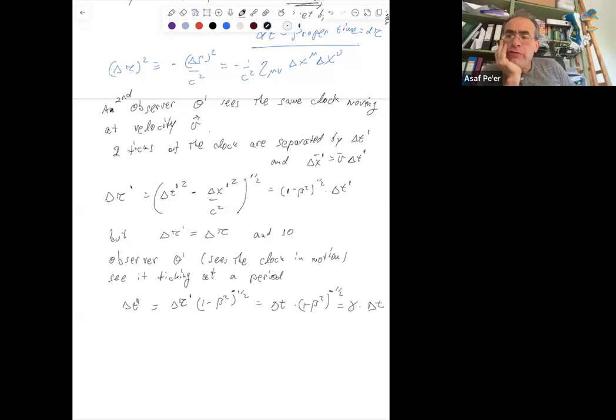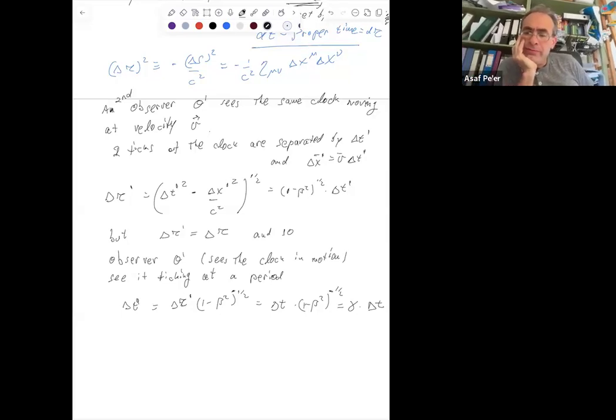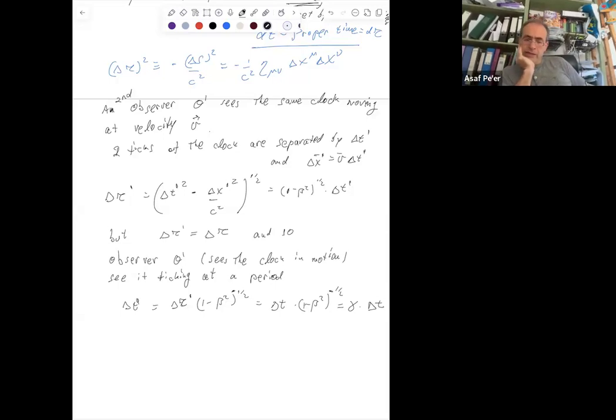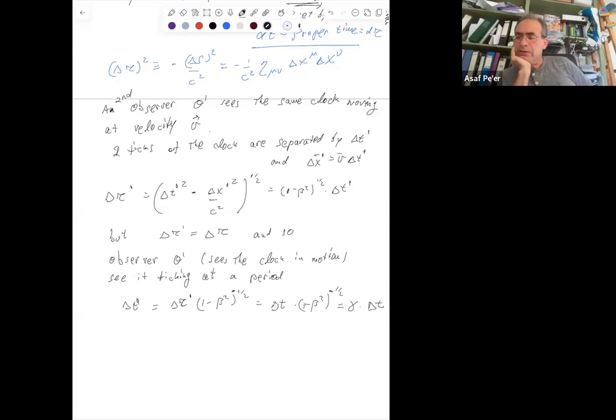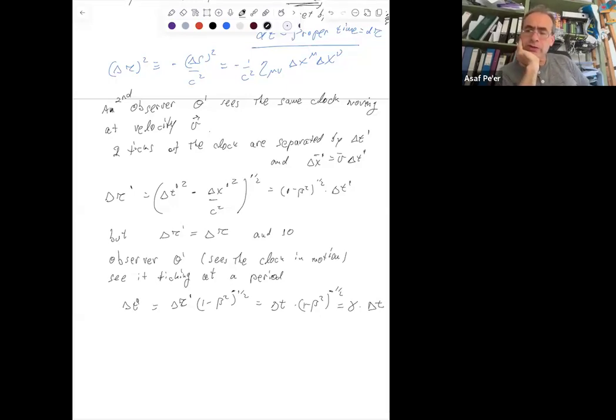And remember, this is true for any type of clock, which means that if you are seeing me moving, you will see my clock ticks more slowly. So think of it for a second. This is the origin of all these paradoxes that you've seen, the twin paradox. If one is going as an astronaut and traveling away fast, then somebody who's on Earth will see his clocks moving, so he will see him aging more slowly.